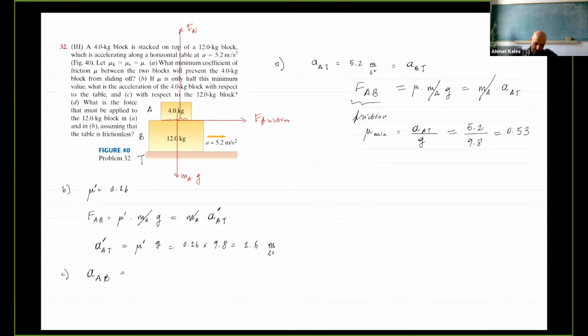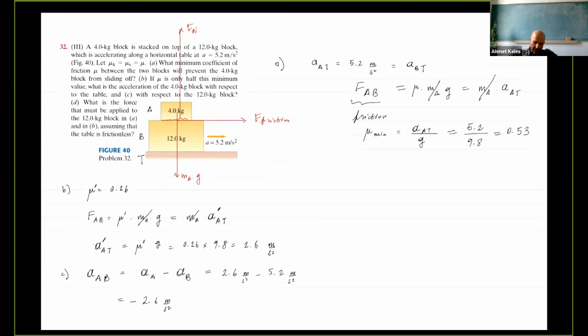That should be equal to what? A of A minus A of B. This is 2.6 meter per second squared minus 5.2 meter per second squared. It's basically equal to minus 2.6 meter per second squared.